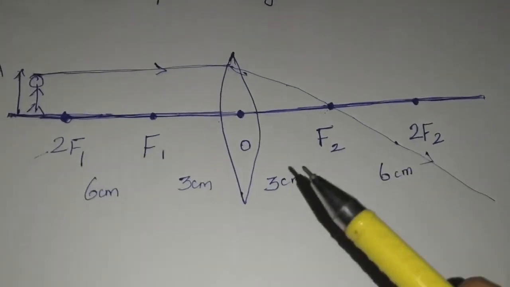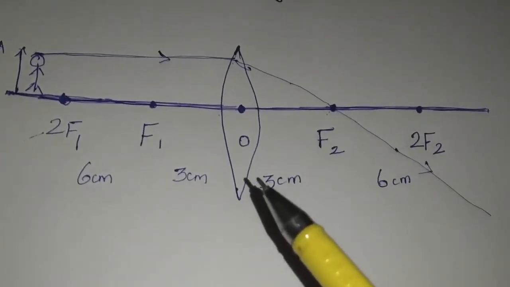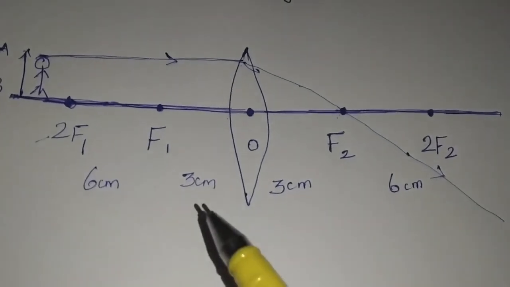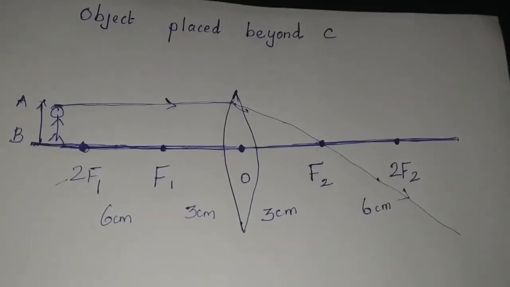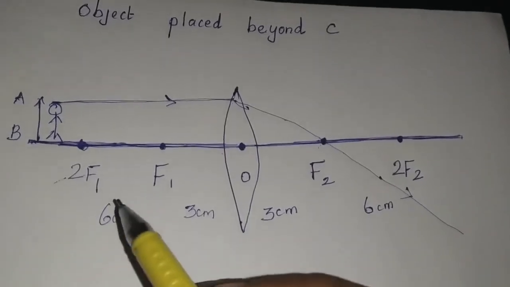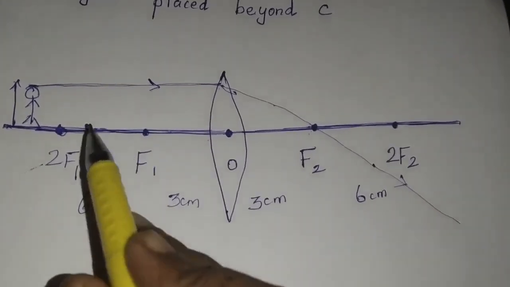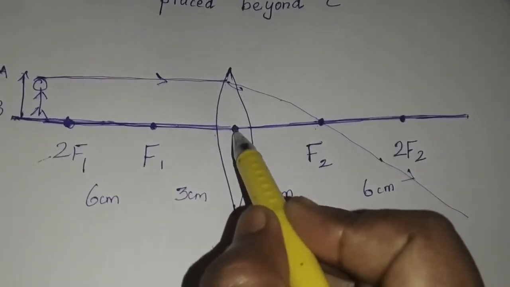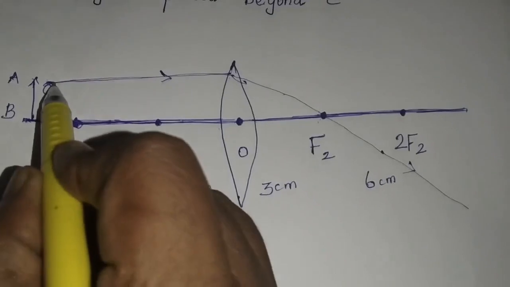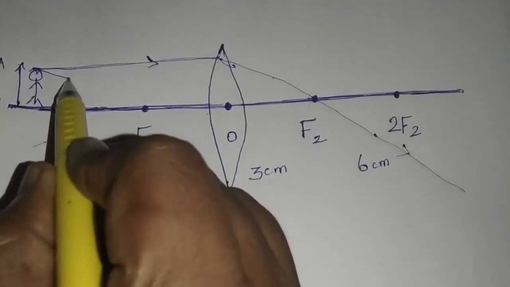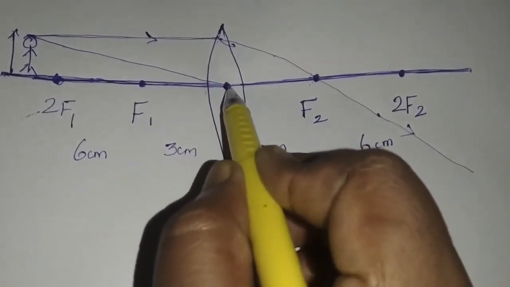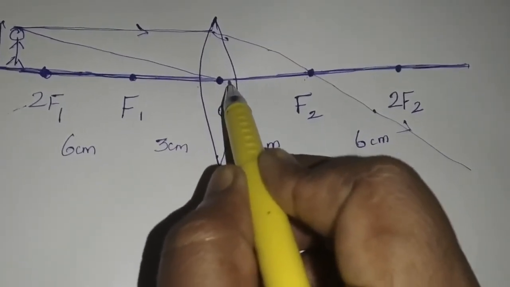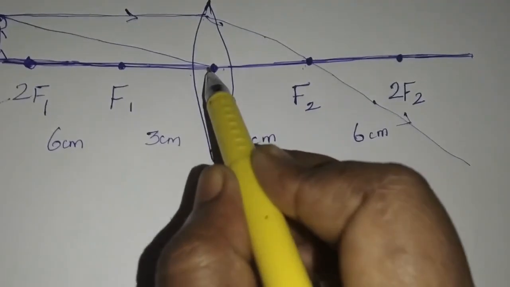By using rule 1 we drew the first ray, and for the second ray we have to use rule 2. The ray which passes through the optic center O goes straight through without any deviation.